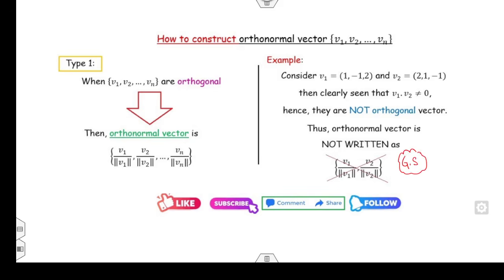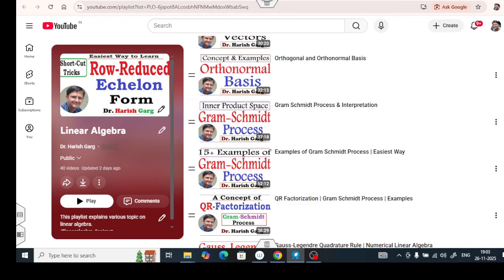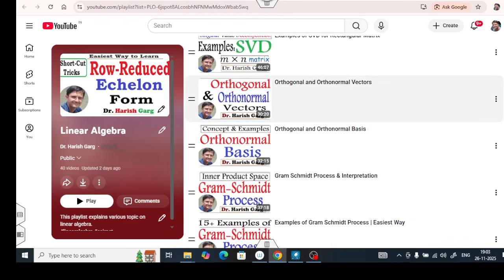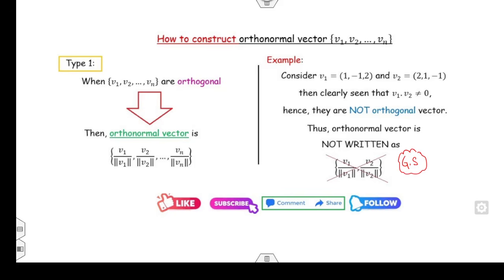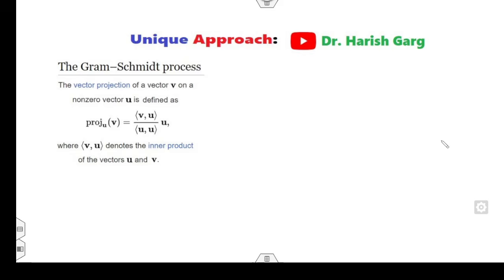The same kind of examples I have already explained in the orthogonal and orthonormal vectors lectures. The most important concept when you apply the Gram-Schmidt process is the projection. The meaning of projection is, if you have a vector u and another vector v, the projection means you find the shadow of v on u.